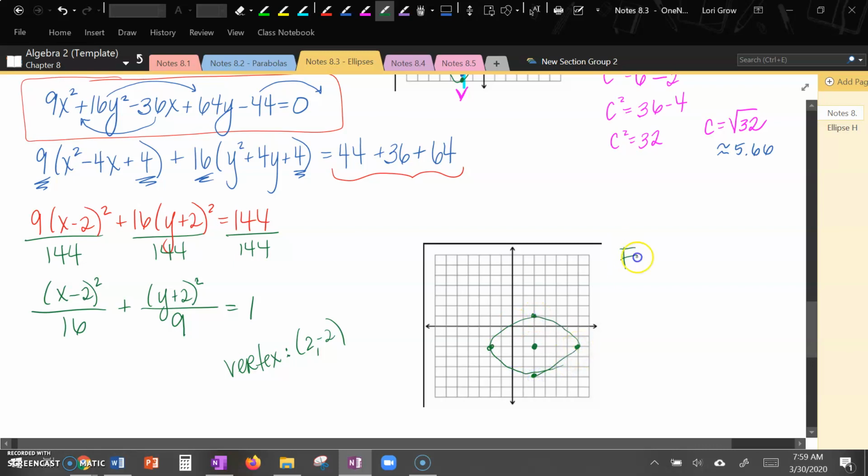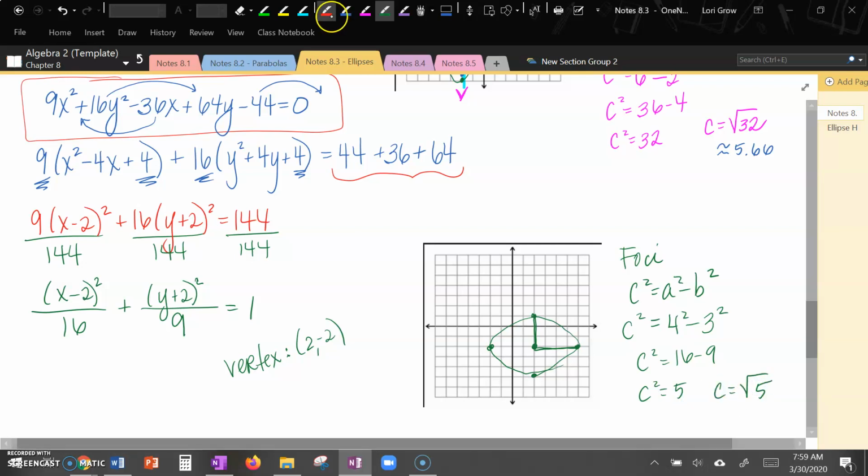In order to find the foci, I'm going to remember to use this equation here. Remember that a is the larger distance, and so a in this case was 4, and b is the smaller distance, which is 3. So 16 minus 9 is going to give me 5.